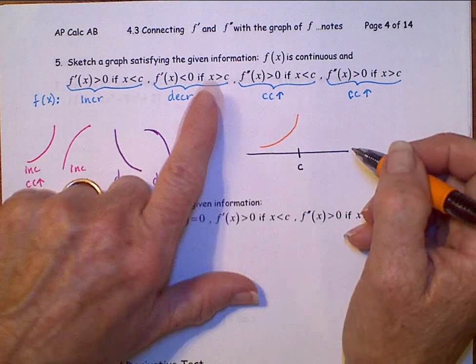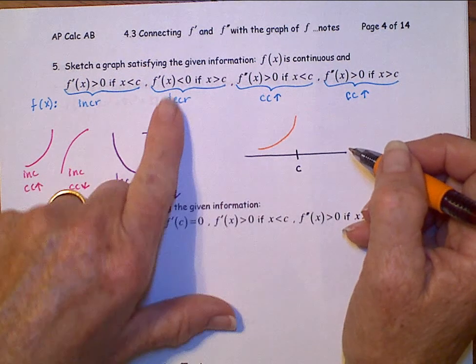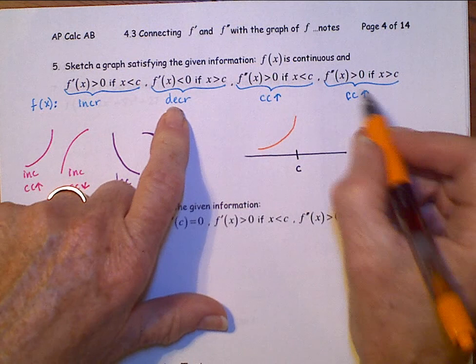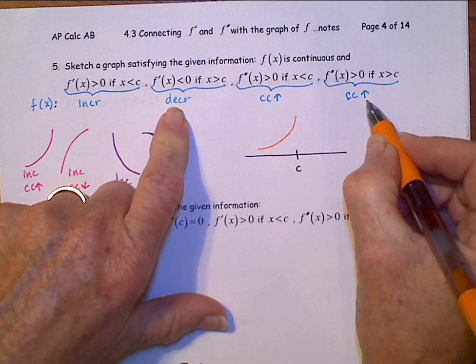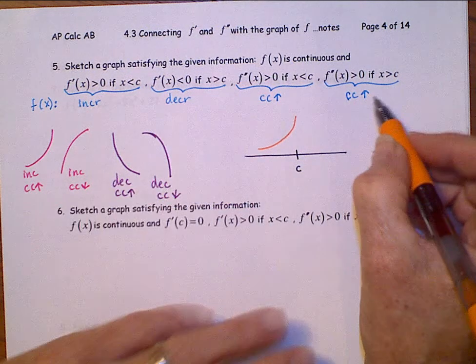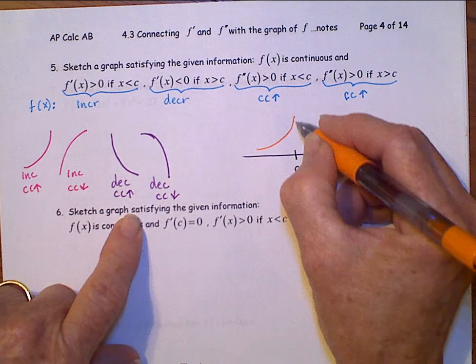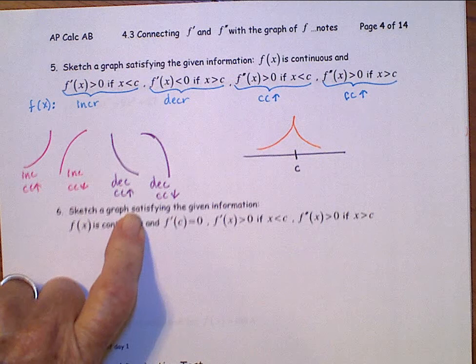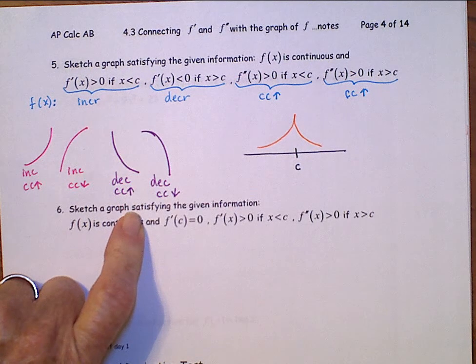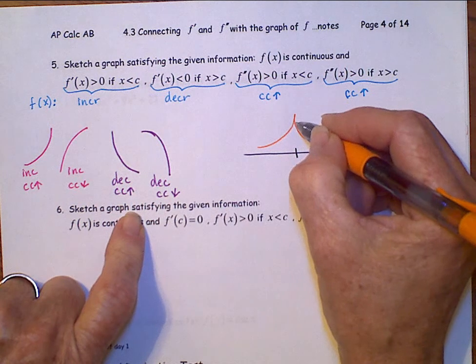On the right side of C, the function is decreasing and also concave up. So decreasing, concave up, that's this piece right here. Decreasing and concave up, and that looks like that. Might be a cusp, might be a corner, we're not really sure.